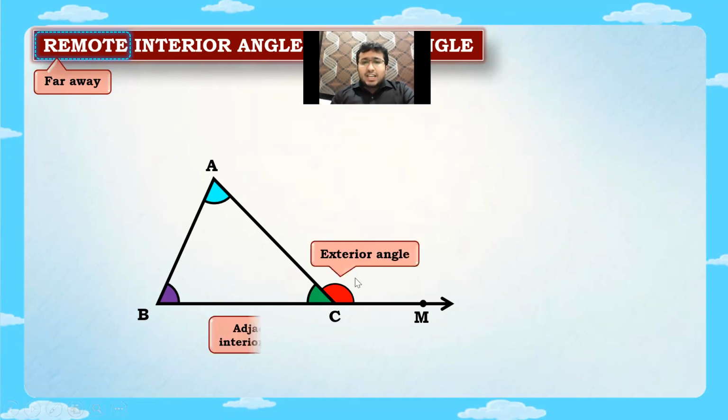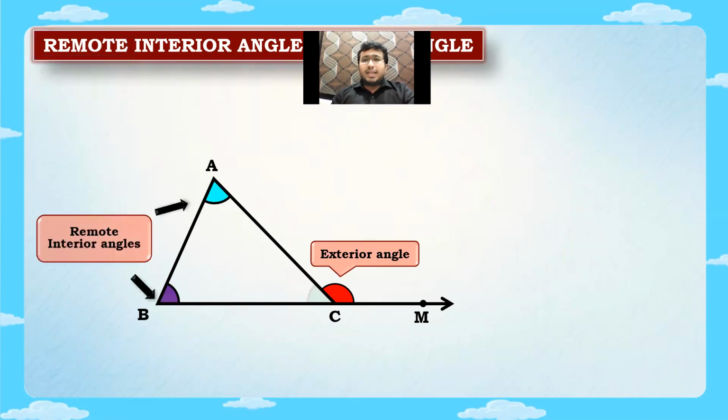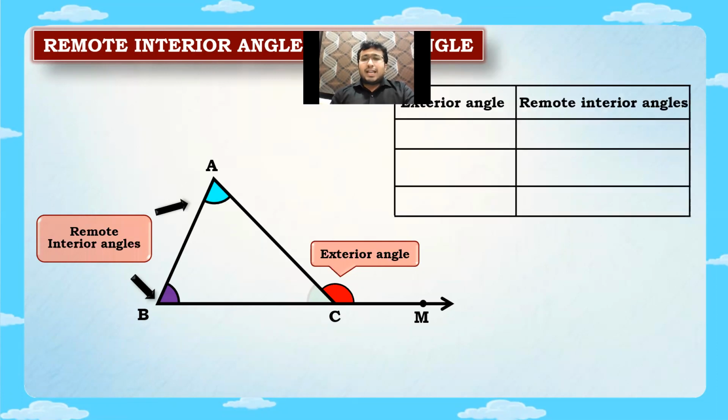The adjacent angle to angle ACM is ACB, the angle right beside it. What do we call the angle beside an exterior angle? Adjacent angle. But the two remaining angles, angle A and angle B, are said to be remote interior angles. So students, angle ACM is an exterior angle for which the two remote interior angles are angle A and angle B.